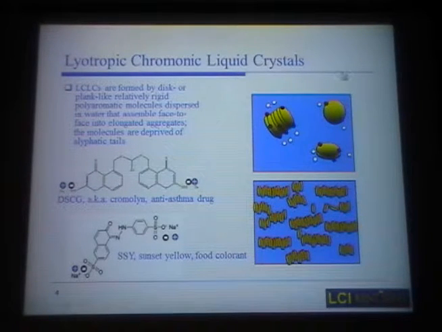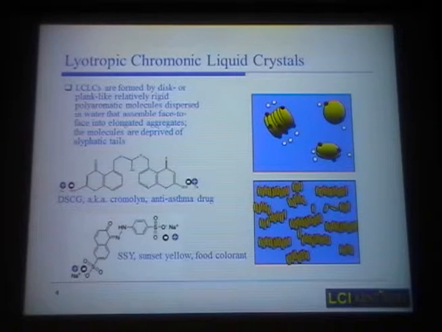So what they do, they stack on top of each other, hide their faces, and then expose these ionic, in this case, or just polar groups, in the case of some other molecules, on the periphery.